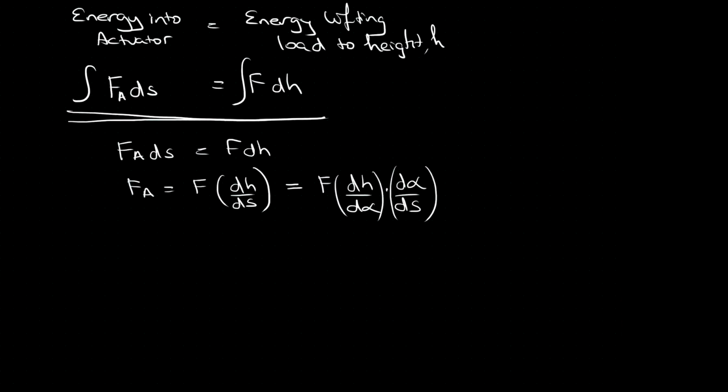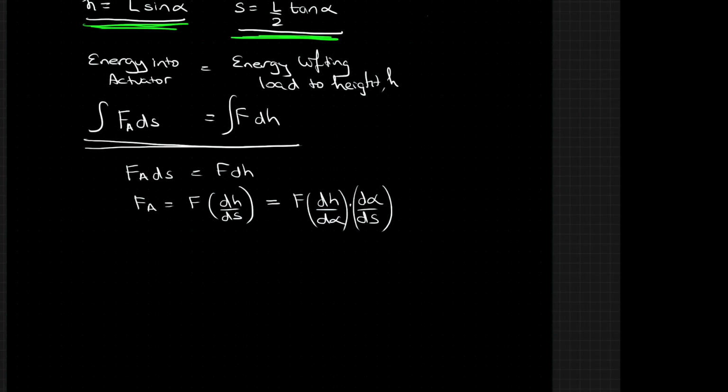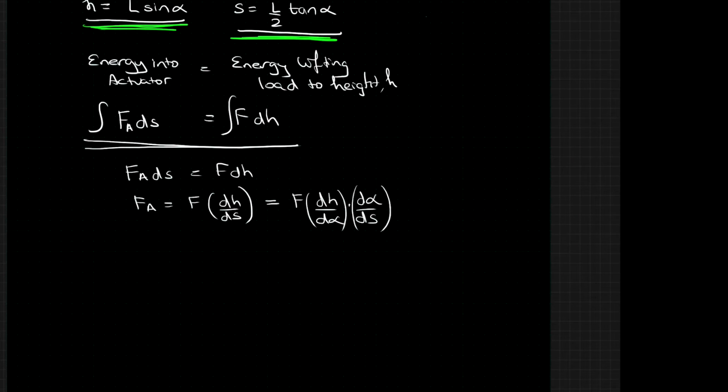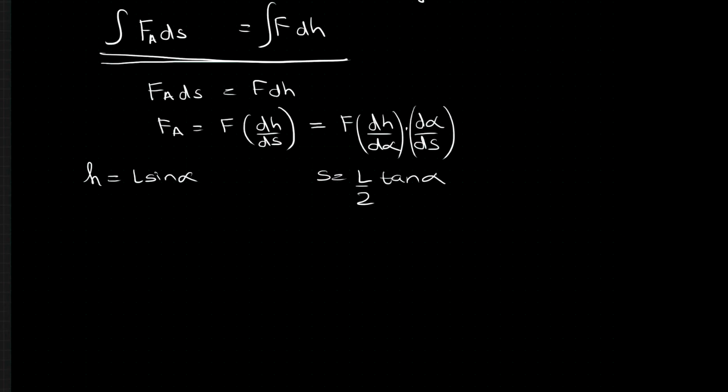Okay, so now let's rewrite what H is. H is equal to L sine alpha. S is equal to L on 2 tan alpha. So all we need to do now is work out what dH by d alpha is.